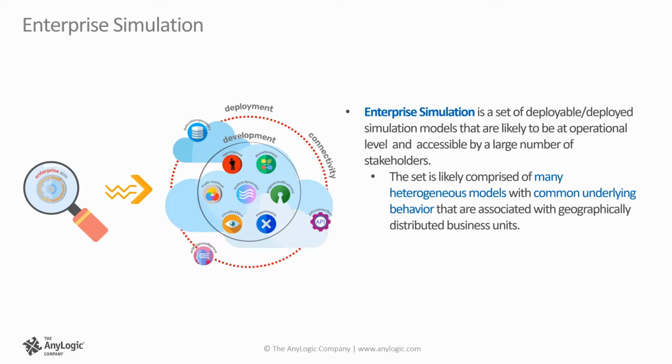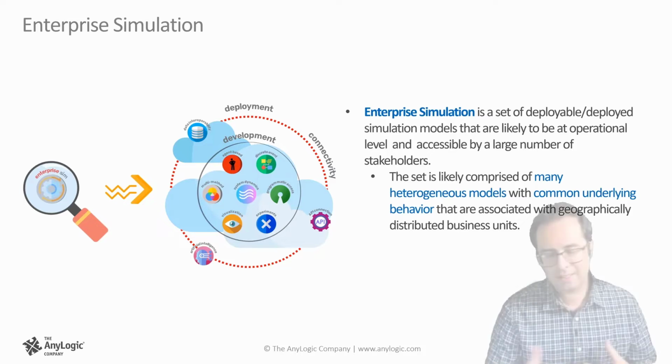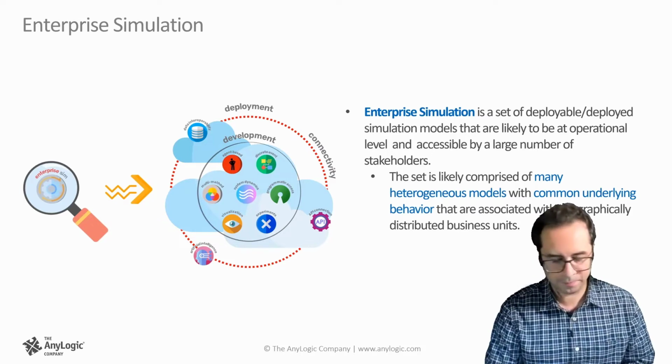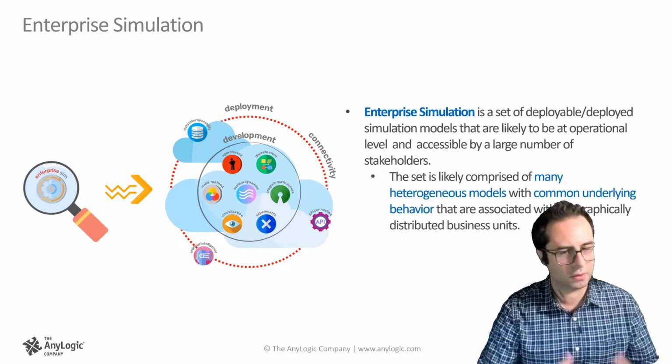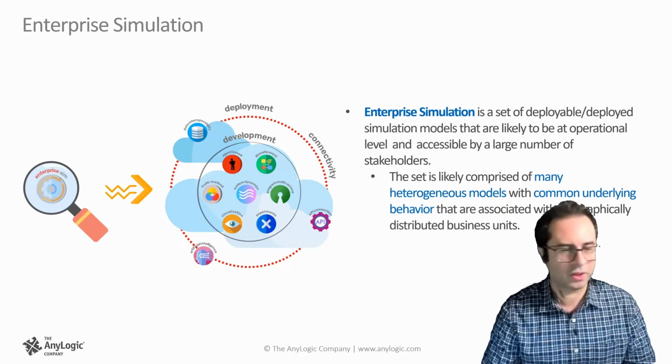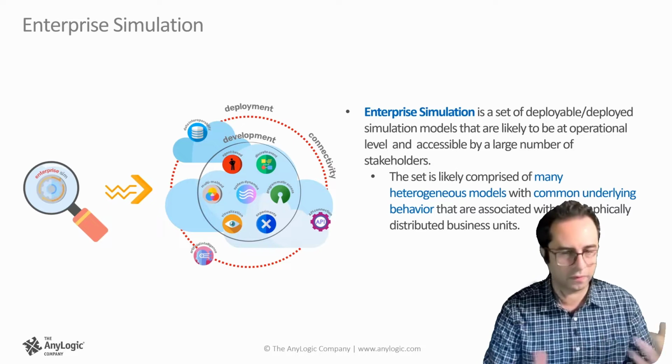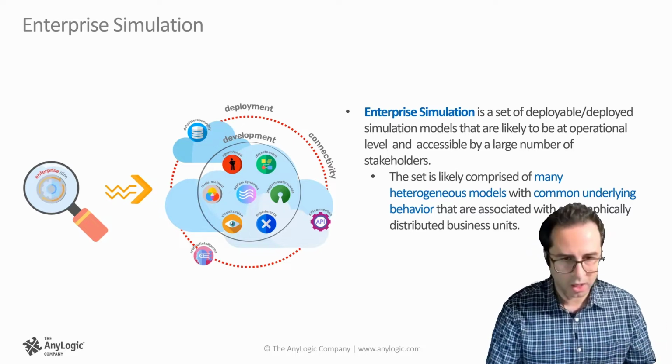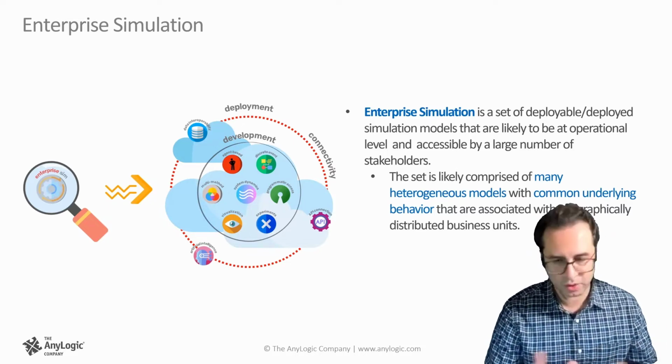As a subset of enterprise simulation, we see that it is very likely for these types of models to comprise many heterogeneous models with common underlying behavior that usually are associated with geographically distributed business units. As an example, you can imagine a restaurant chain with different restaurants at different locations, or an e-commerce business with different fulfillment centers, or a supply chain with different distribution centers.